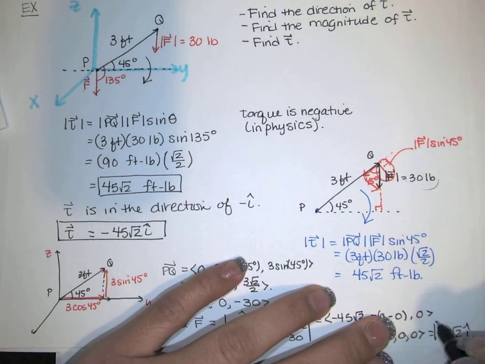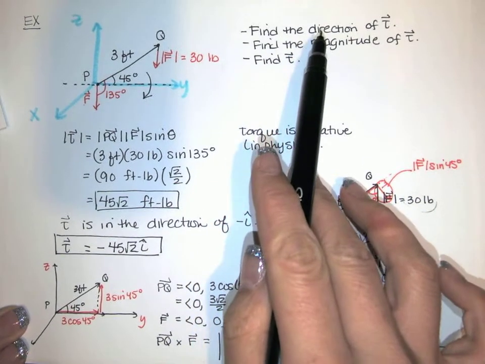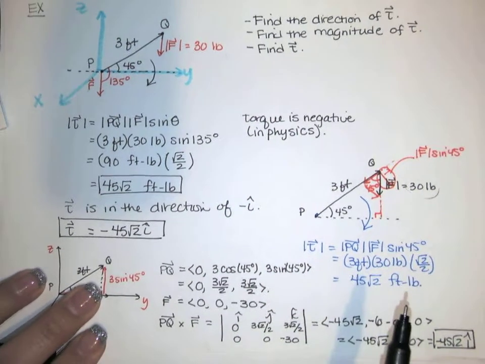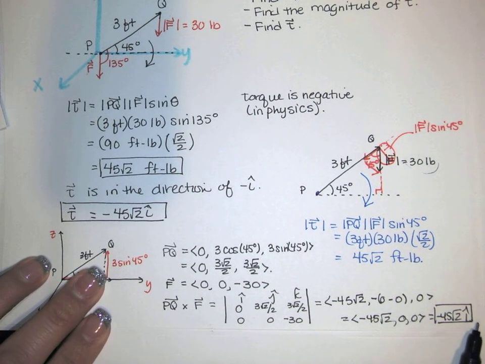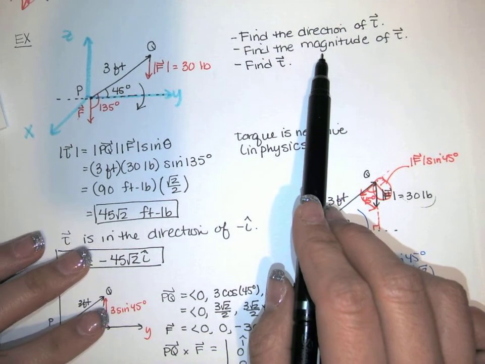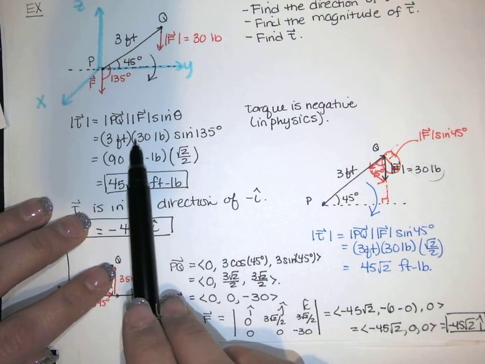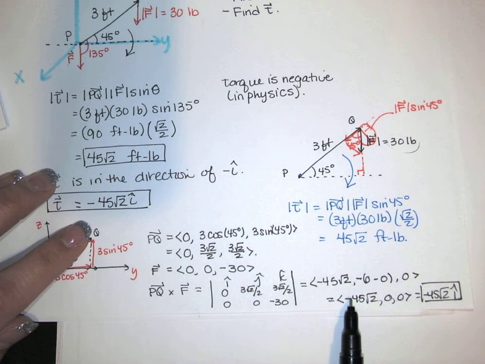So whichever one you want to use is fine, but if you're asked for the direction of the torque, it should be negative i hat. That unit vector is going to be negative 1, 0, 0. If you're asked for the magnitude of the torque, you can find the magnitude this way, or you can find this vector and find its magnitude.